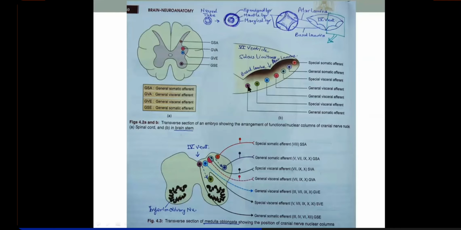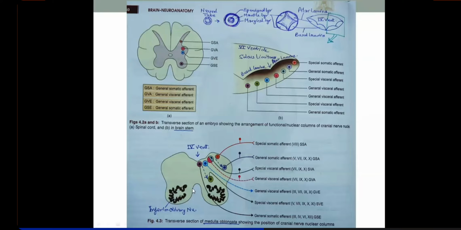Now think about the same functional columns, how they are arranged in the upper medulla. Just before this, in the previous slide, I told you how the cranial nerves were emerging from the brain stem, right? From the lower pons, there were the 6th, 7th, 8th cranial nerves arising, okay?